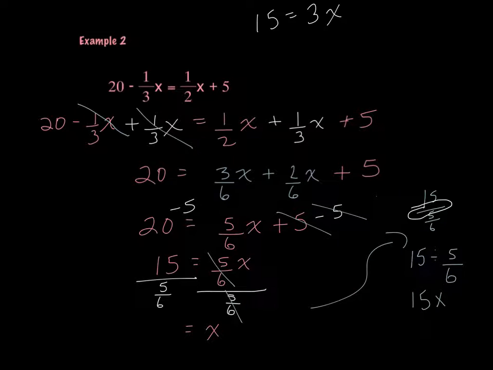So we take this and we flip it. 5 over 6 becomes 6 over 5. And now we just multiply numerator by numerator, and I'll put this over 1, denominator by denominator. 15 times 6 is 90, and 1 times 5 is 5. 90 over 5 is 18, so x equals 18.